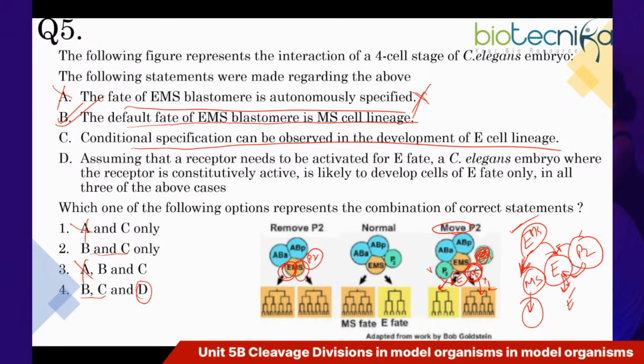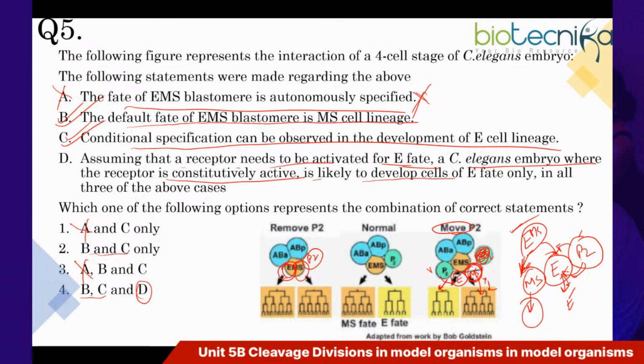Okay. So what is D? B and C is correct, as we saw. Assuming that a receptor needs to be activated for endoderm fate, we know that receptor MOM5 should be activated. But here it is saying, assuming a C. elegans embryo where the receptor is constitutively active. Constitutively means whether signal is there or not, it will always be active.